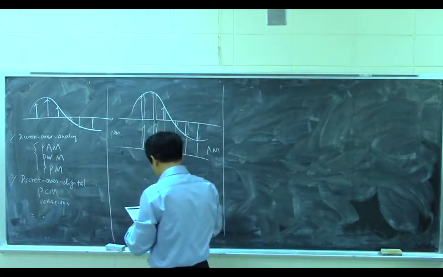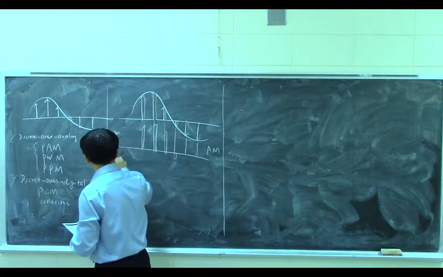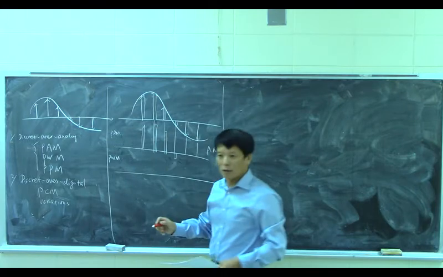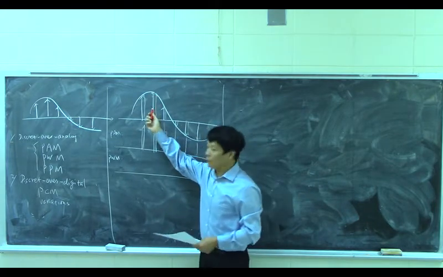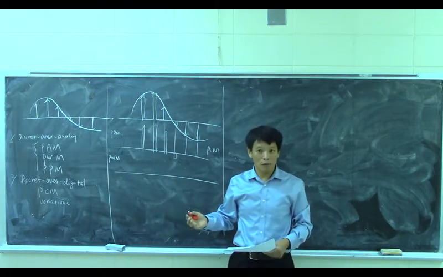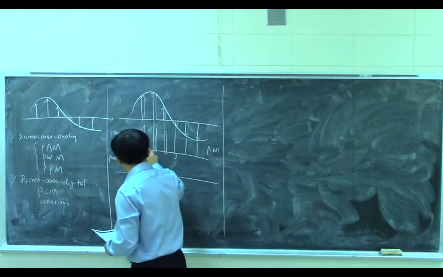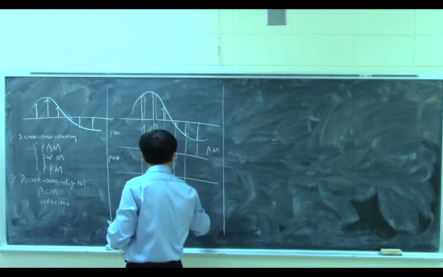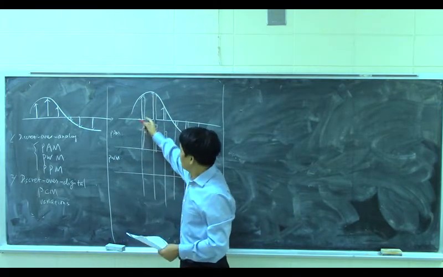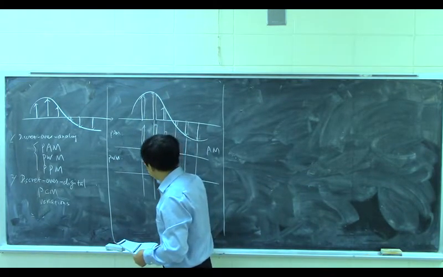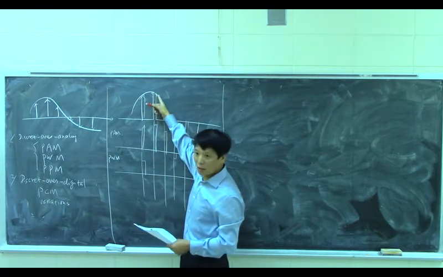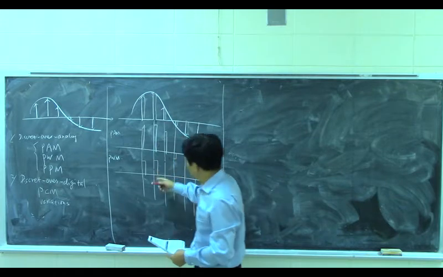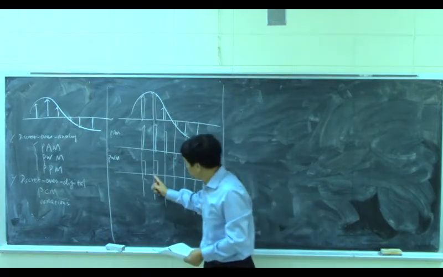The next one is called pulse width modulation. That means the information of the data is in the width of the pulse. Suppose we use this width here, and this value is larger than this one, so we are going to use a wider pulse. I exaggerate a little bit, so you can see this one is wider than this one.